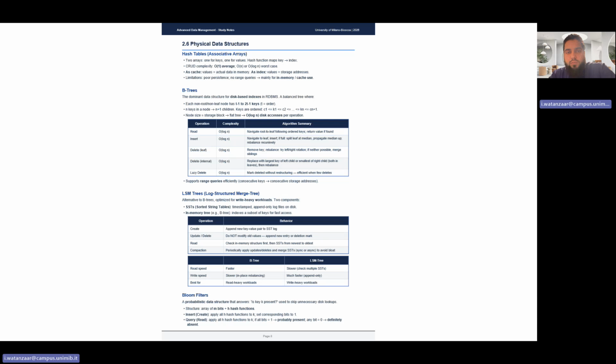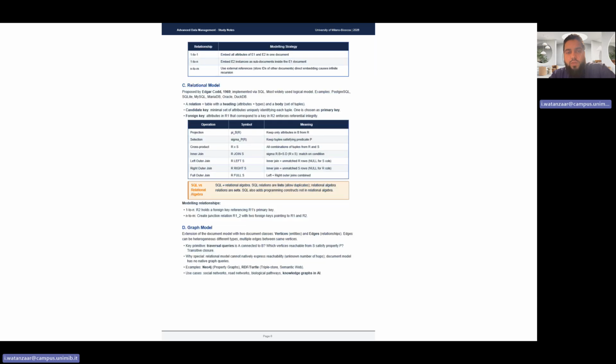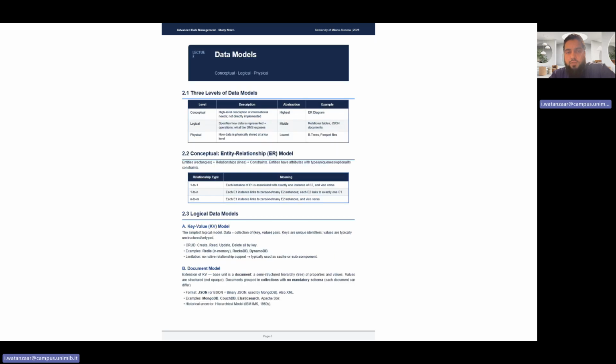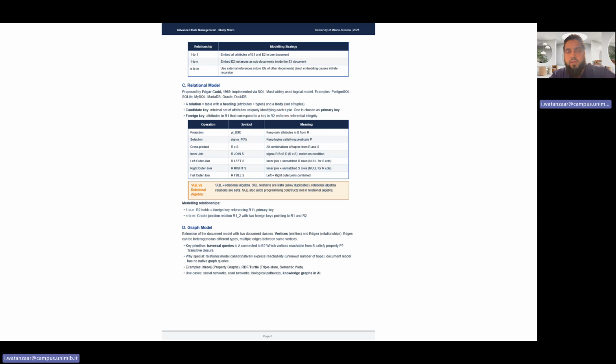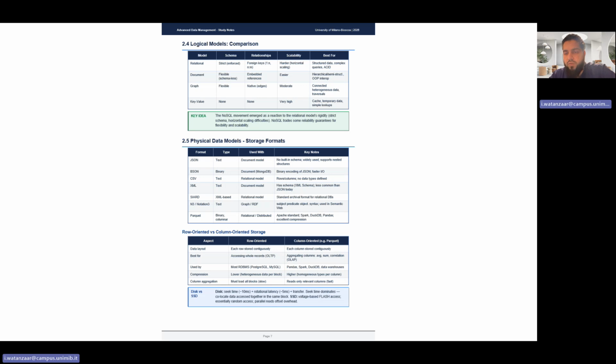In short summary, if we go again, we started with the discussion of three different levels of models: conceptual models, logical models, and physical models. In the conceptual model, we only discussed the entity relationship diagram and its relationships. In the logical model, we discussed key value model, document models, relational model and graph model, and a short comparison of all the logical models.